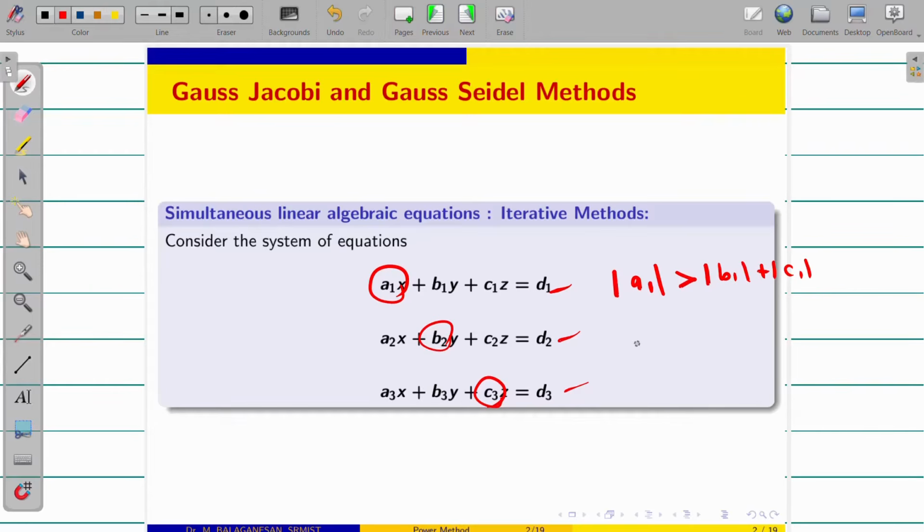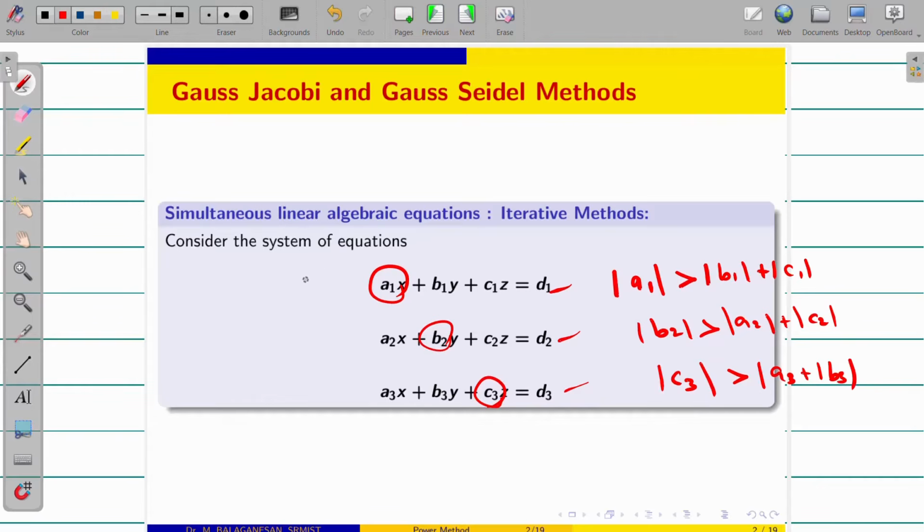Similarly, from the second equation, modulus of b2 should be greater than the sum of the rest of the two elements, modulus a2 plus modulus c2. Then from the last equation, we take the diagonal value c3, and that's why we call it diagonally dominant: c3 should be greater than modulus of a3 plus modulus of b3.